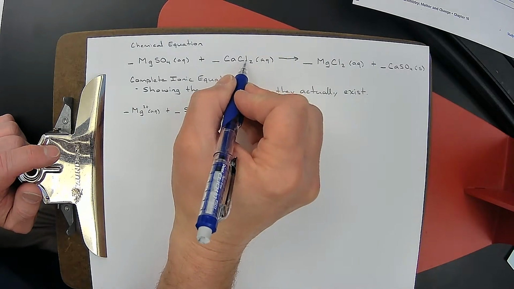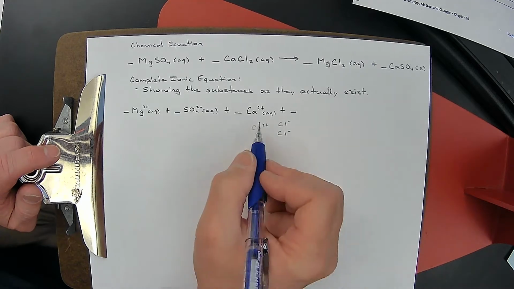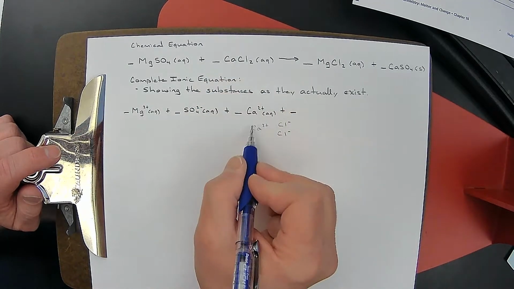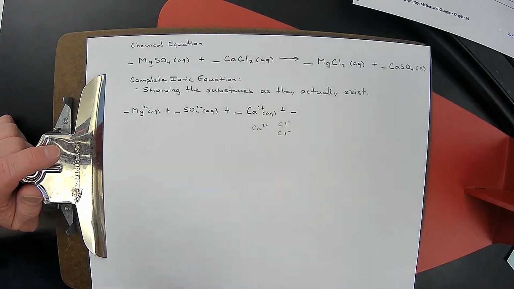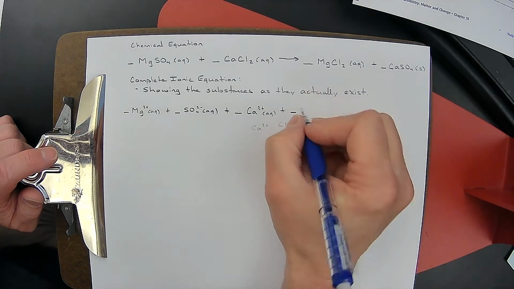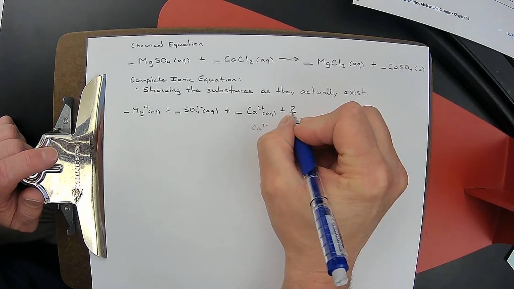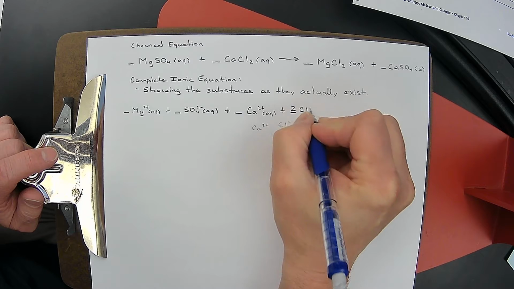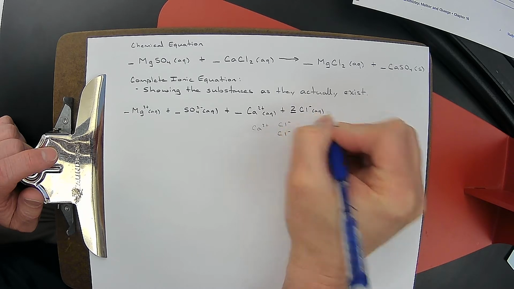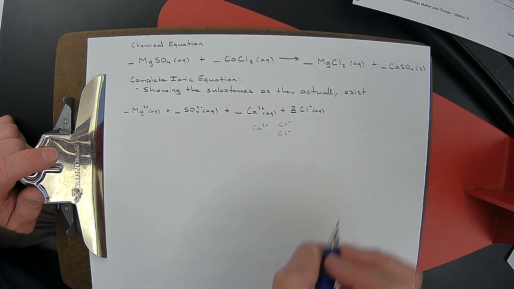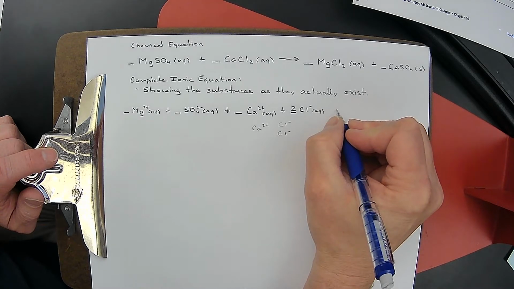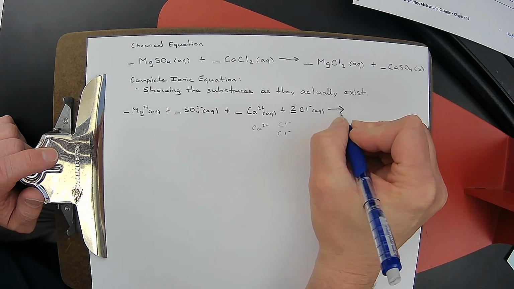This breaks apart into two Cls. And if we were putting the formula together, you know that, Ca with two Cl minuses. So when we write that, we have to actually write it as 2 Cl- aqueous. Then we're going to write the arrow.